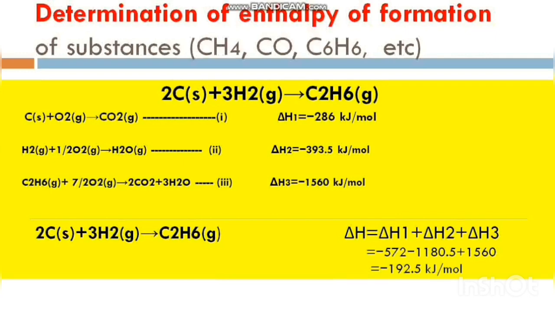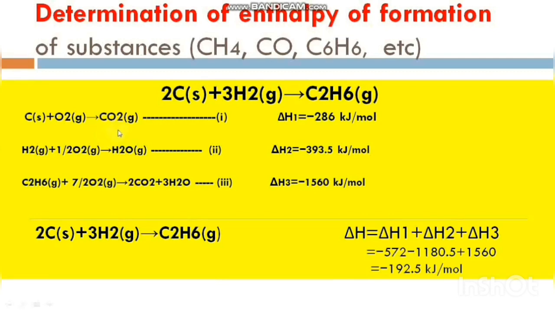The required equation is 2 carbon plus 3 hydrogen giving you C2H6. We are given 3 equations. First equation is the formation of carbon dioxide from carbon and oxygen. Enthalpy change for this reaction is delta H1 equal to minus 286 kilojoule per mole.